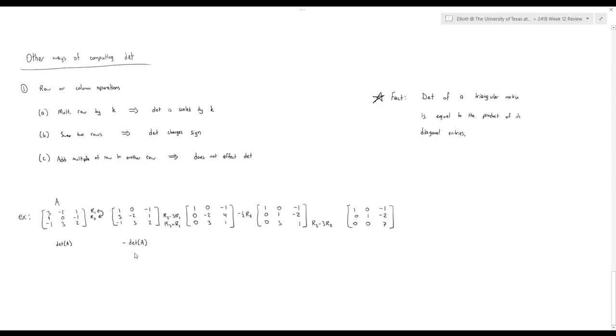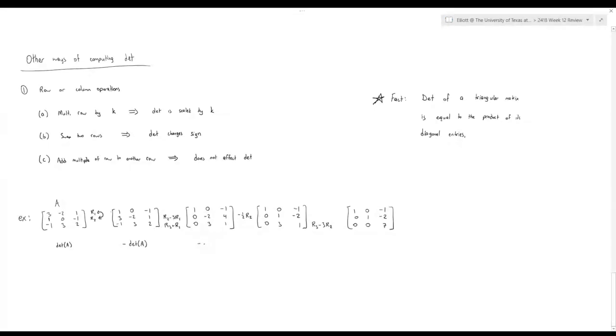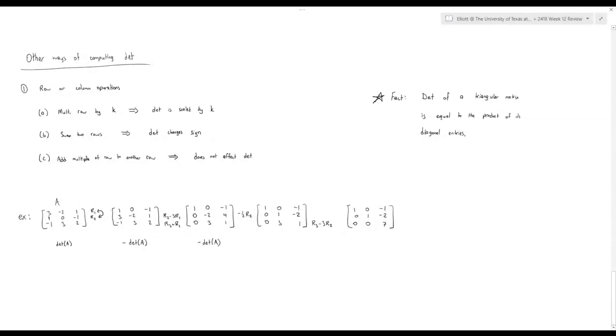Now here, these types of row operations that I'm doing do not affect the determinant. So from here to here, these matrices will have the same determinant, okay? So the third matrix has a determinant which is also opposite the original.